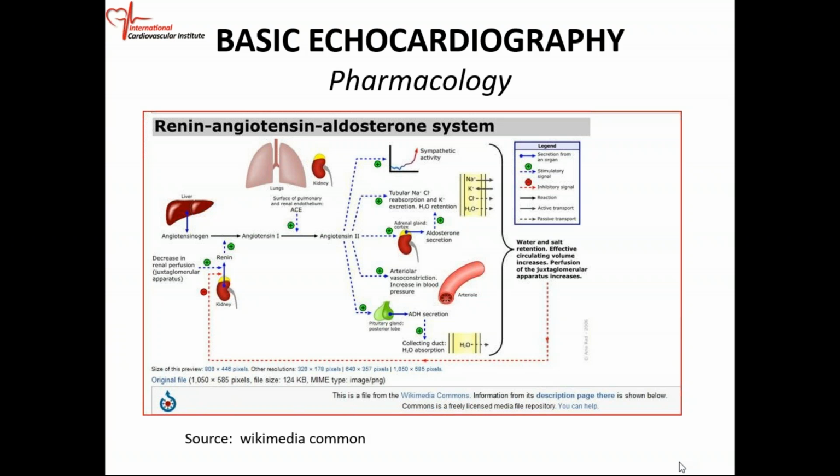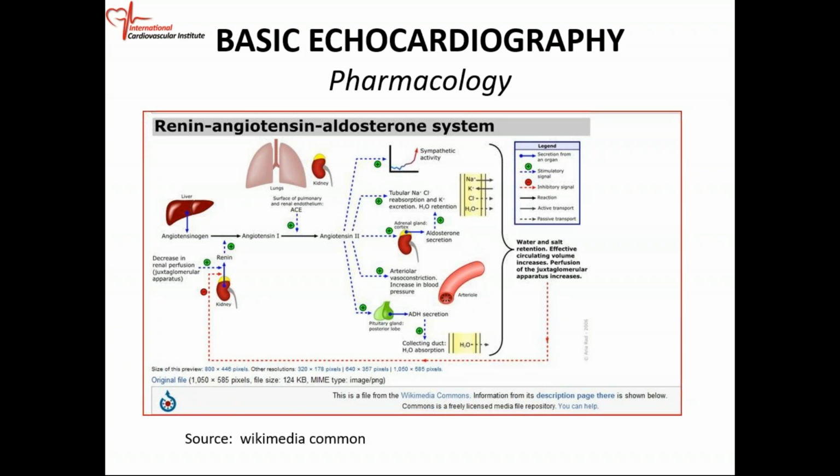And what angiotensin does, it interacts with the blood vessels and causes the blood vessels to constrict, and that's one of the most potent reasons why we develop hypertension.